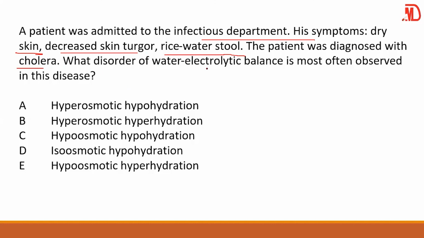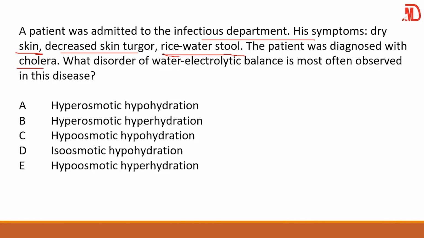So what disorder of water electrolyte balance is most often observed in this case? So again, we are referring to what? Dehydration. Although we said in diarrhea, yes, the person has some diarrhea, but this diarrhea is not the normal type of diarrhea that we saw in the previous question, where there is a decrease in salt.